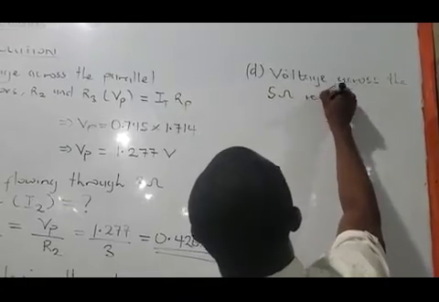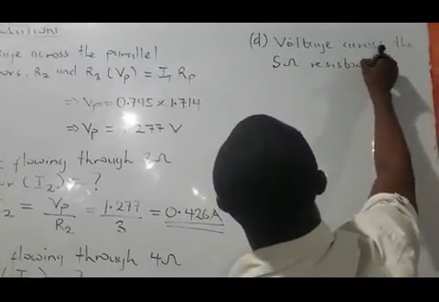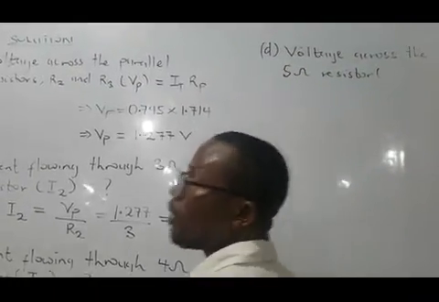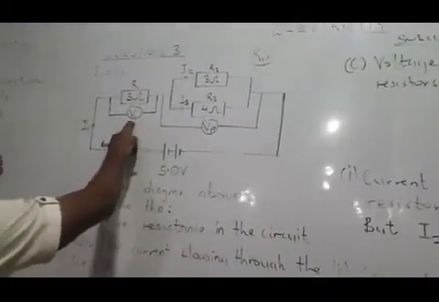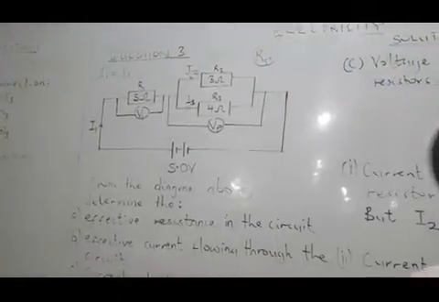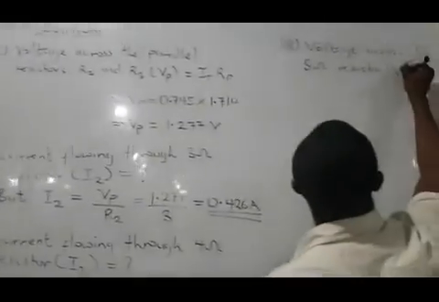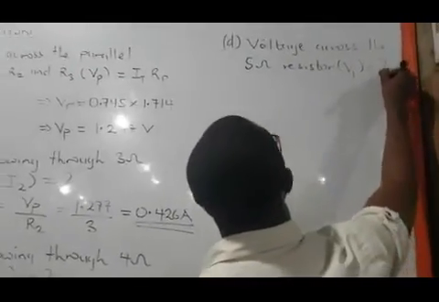The voltage across the 5 ohm resistor, that's what we have indicated as V1. So you are looking for V1. So our V1 is equal to question mark.